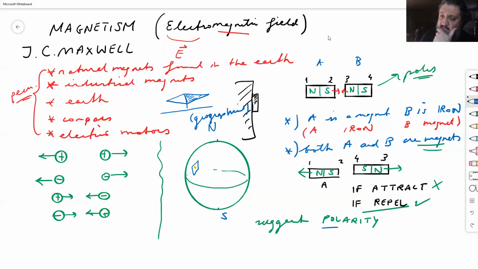So this side of the magnet, which you labeled or painted, will point in the direction of the geographical north pole. And the other one will be, of course, in the direction of south. So wherever you are on Earth, that needle will show north. That's why we call these north and south.